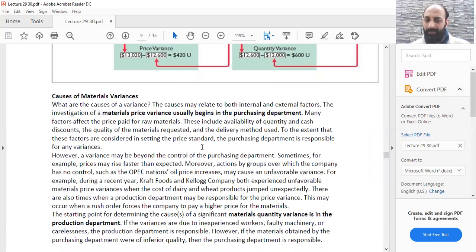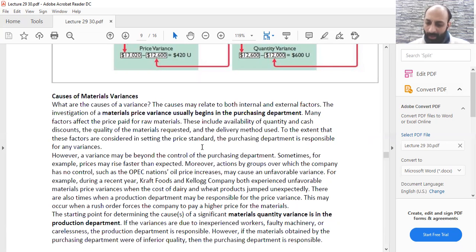So when you look at the purchasing department, you can immediately figure out, number one, what quantity was purchased, what was the cost when you were buying it, and number three, a factor which is very, very important to keep in mind, the quality of the raw material.